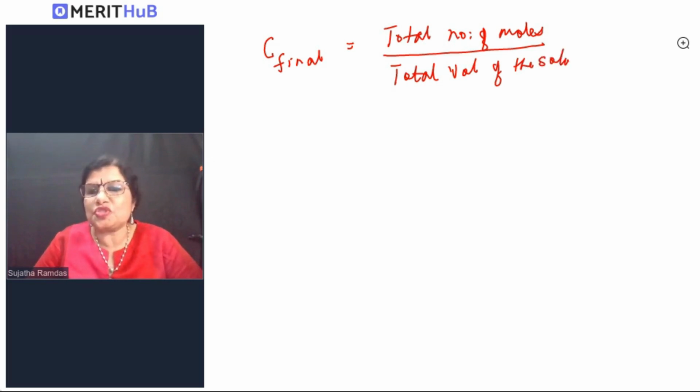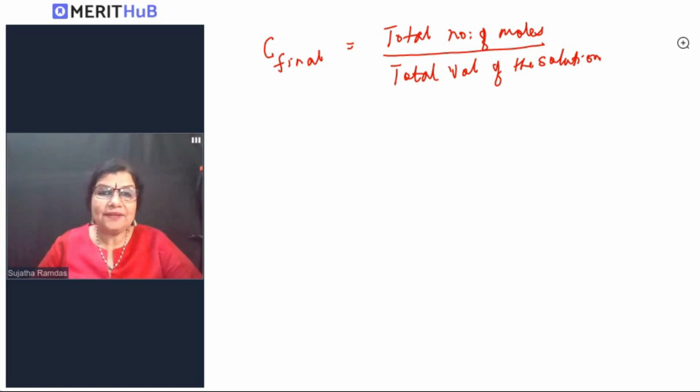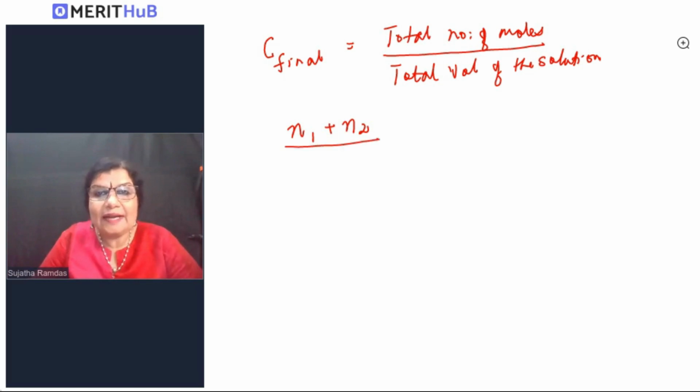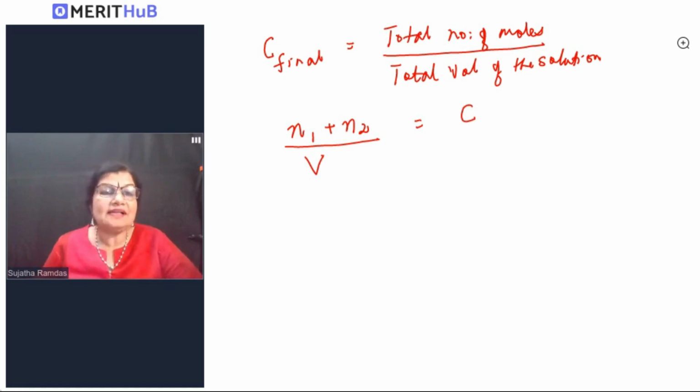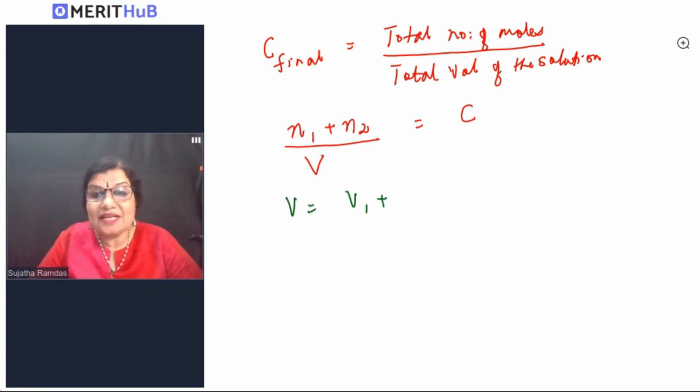The total number of moles would be N1 plus N2, divided by the total volume V, and V can be taken as V1 plus V2. Now, N1 is equal to C1V1, and N2 is equal to C2V2.